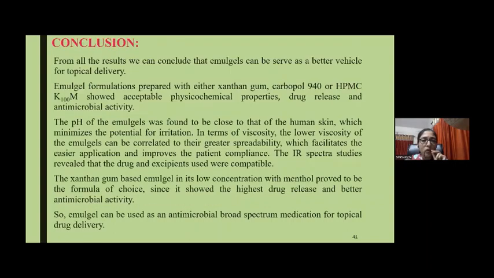So, conclusion: from all the results, we can conclude that Emulgel can serve as a better vehicle for topical drug delivery systems. Generally, Emulgel formulations prepared with either xanthan gum, carbopol, or HPMC show acceptable physicochemical properties, drug release, and antimicrobial property.